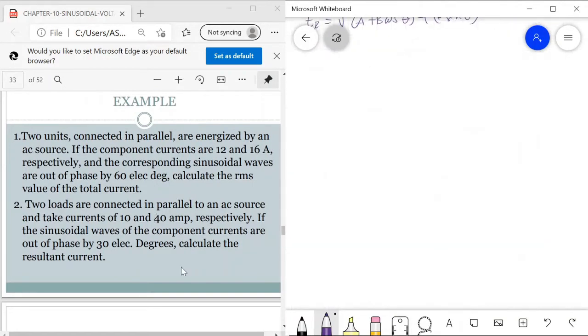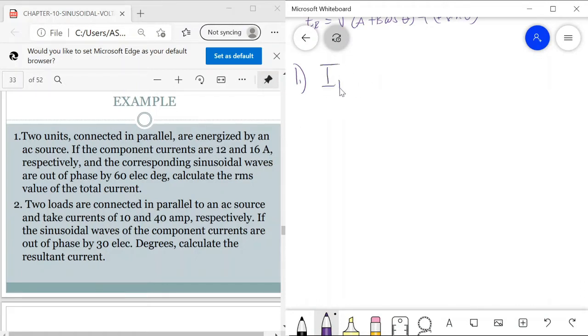Number 1. Two units connected in parallel are energized by an AC source. If the component currents are 12 and 16 amperes, respectively, and the corresponding sinusoidal waves are out of phase by 60 electrical degrees, calculate the RMS value of the total current. So we have RMS values here.